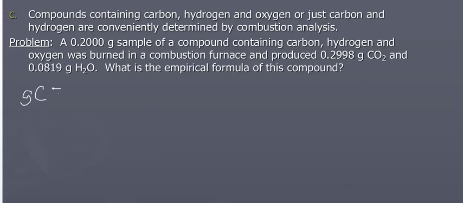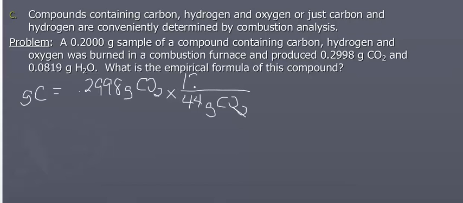So I'm going to take the mass of CO2 present at the end, which is 0.2998 grams. And I know that for every 44 grams of CO2, there are 12 grams of carbon. 44 is the molar mass of CO2, and 12 is the molar mass of carbon.